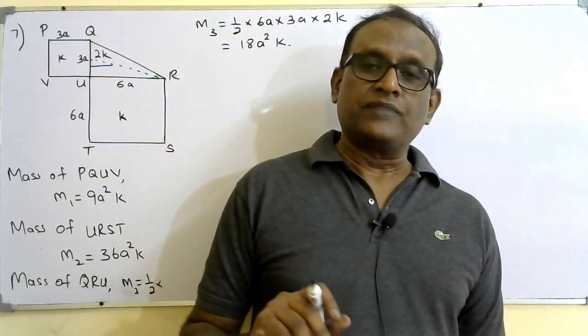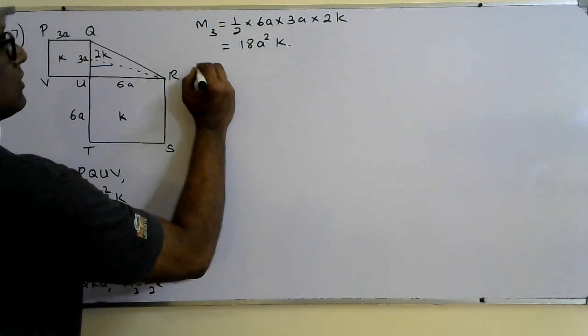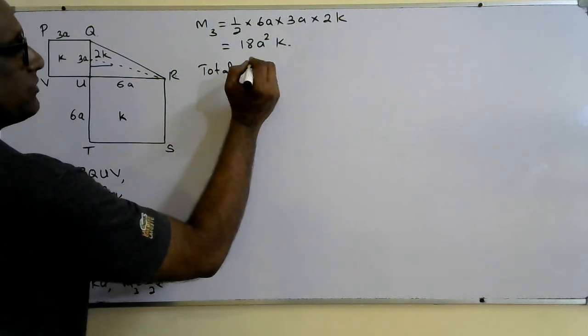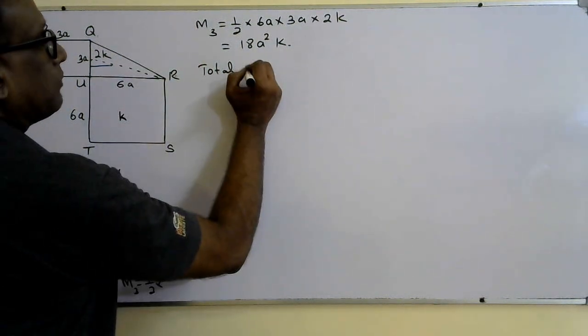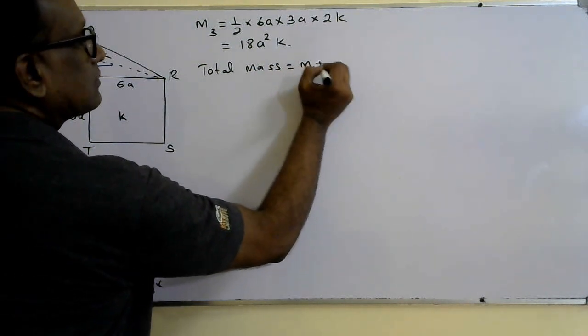Okay, so we'll take the distances of the center of mass of each of them from the line QT. We are going to find the center of mass of this lamina from QT. The total mass of the lamina, capital M, is equal to M1 plus M2 plus M3.